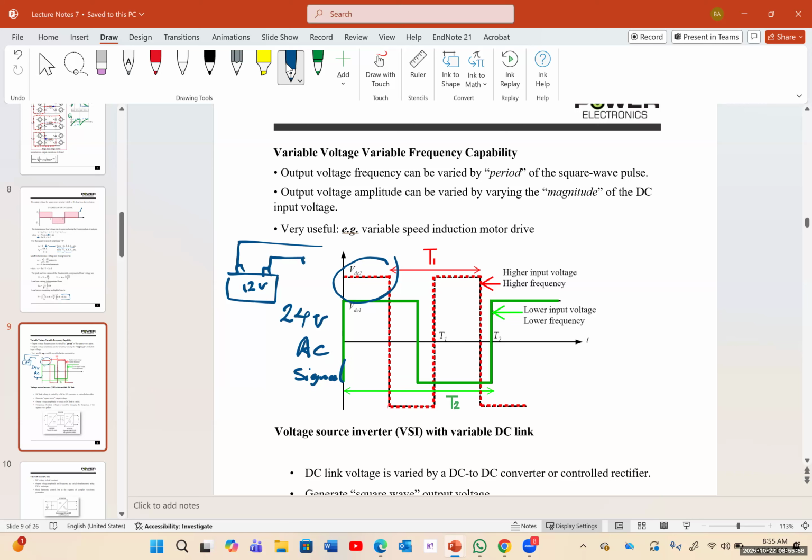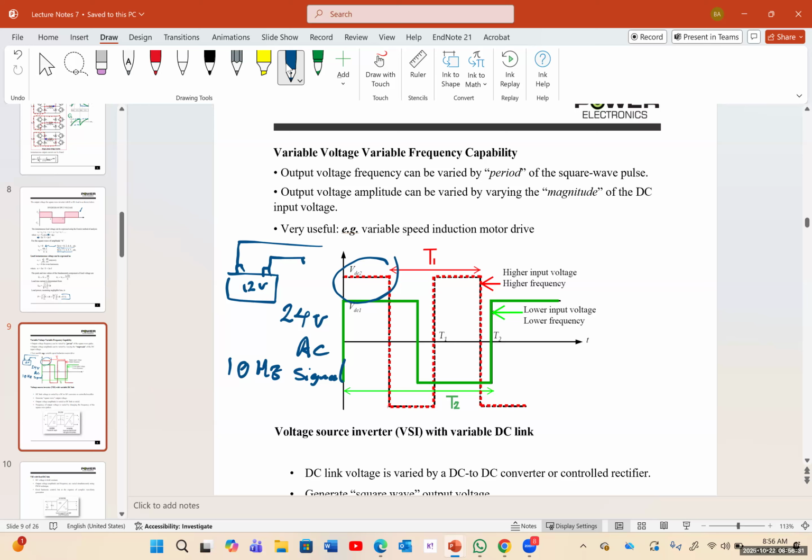How can I do that? So I want to go from a 12 volt to a 24 volt AC signal. And I want the frequency to be 10 hertz. The 10 hertz part is very easy. You can put a switch that turns on and off 10 times per second.